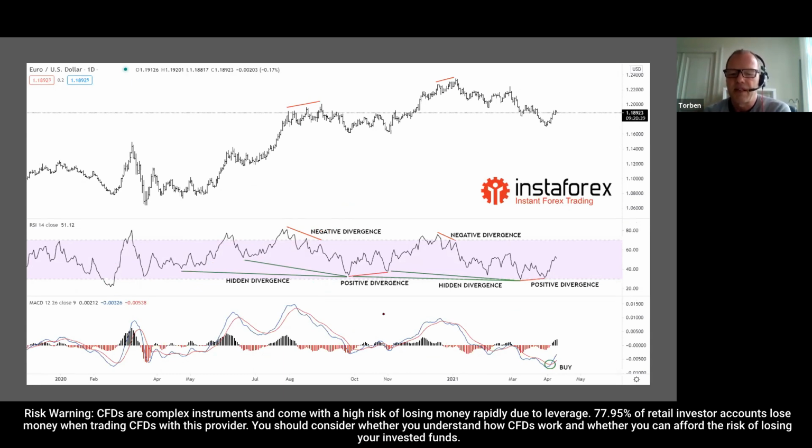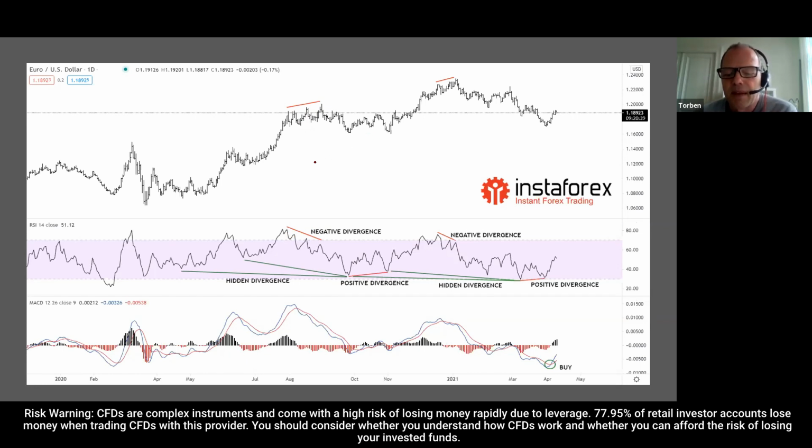That can be a problem. Somebody would just sell because they see a negative divergence and it still continues to move higher, and maybe they panic and enter the market again, and then it tips over and starts to maybe fall or whatever.